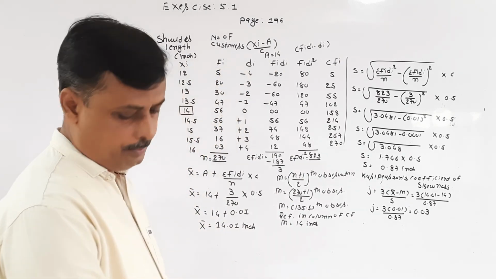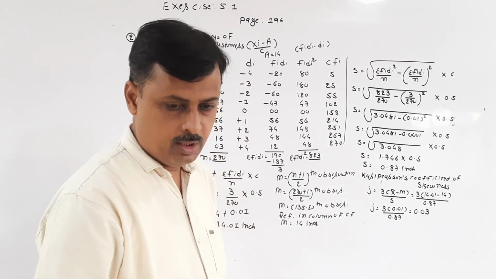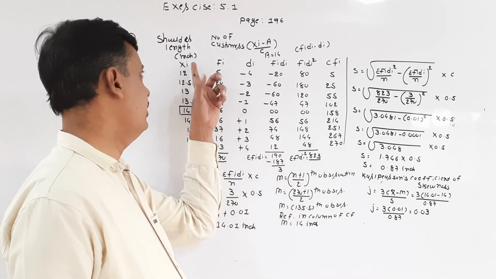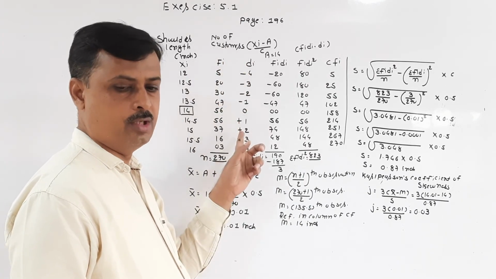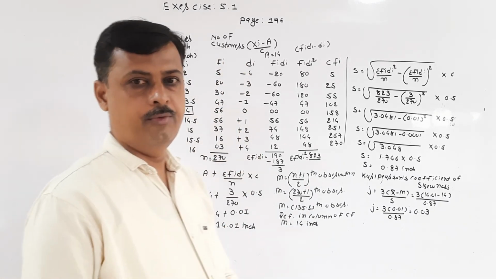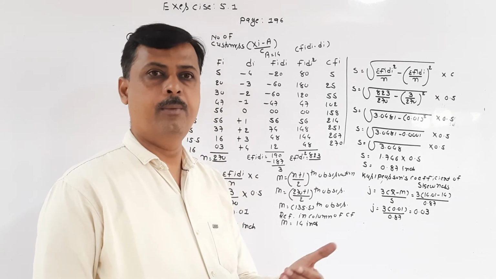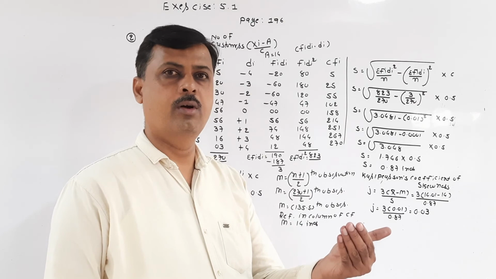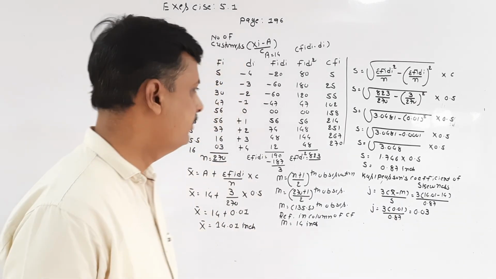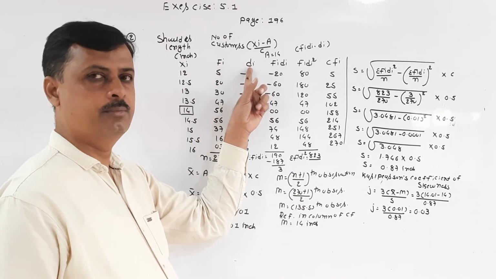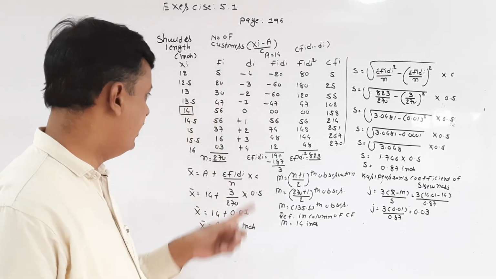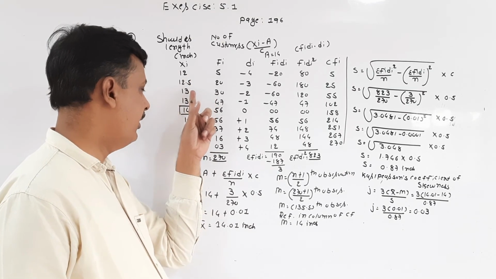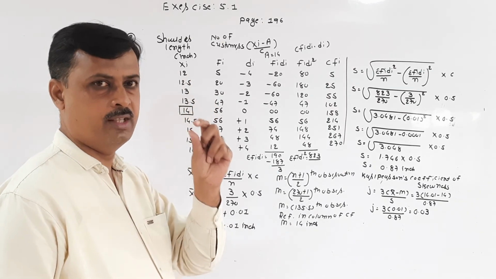So in this example, shoulder length of shirt is given in inches, number of customers is given, and we have to find Karl Pearson coefficient of skewness. So mean is required. First we take the Di column. In Xi we take assumed mean A as 14, and the values 12, 12.5, 13, 13.5. So C is 0.5.